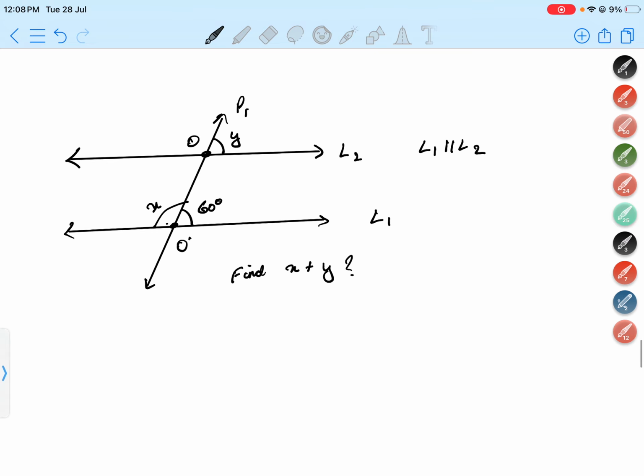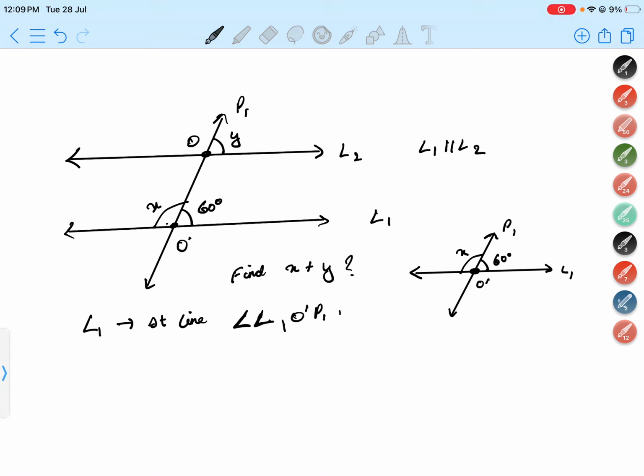So let's get back to the question. Here, if we consider this line L1, and this transverse line P1, which is intersecting at point O dash, then this angle is 60 degree and this is given as X. You know that since L1 is a straight line, so this entire angle, that is angle L1 O dash P1, since this is a line, then this entire theta would be 180 degree.